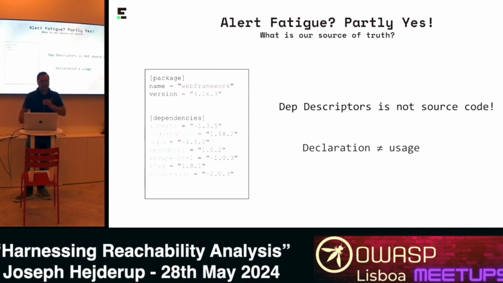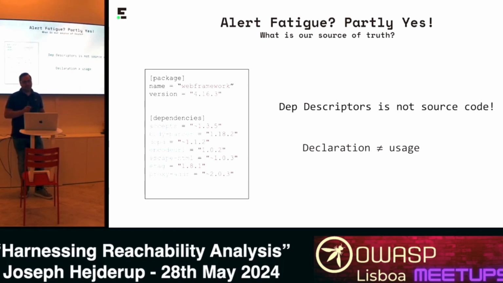This is often attributed to alert fatigue. I partly agree with it, but I think there's a more problematic issue here, which is the source of truth when we do this form of analysis. The most important part is that when using this type of tooling, a dependency descriptor is not source code.